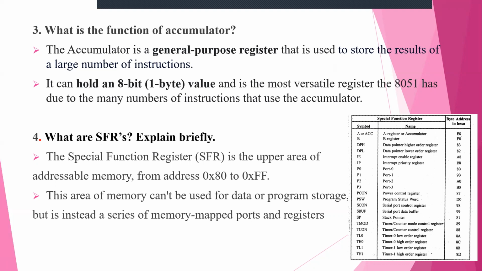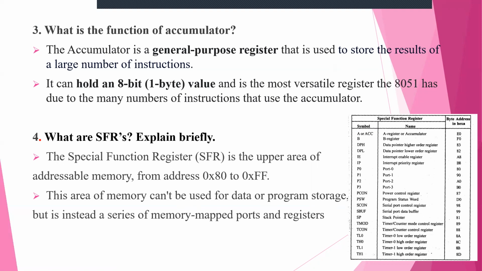But the special function registers hold the addresses from 80 to FF. It is not the regular register where data is stored. There are some special registers used for different functions. This kind of memory will not be used for data or program storage.